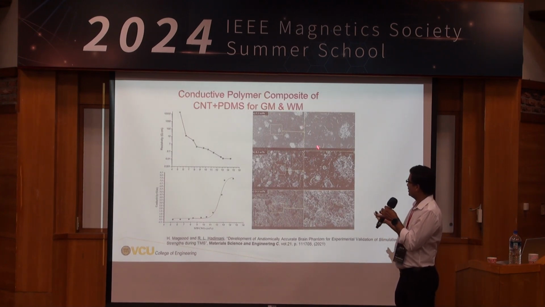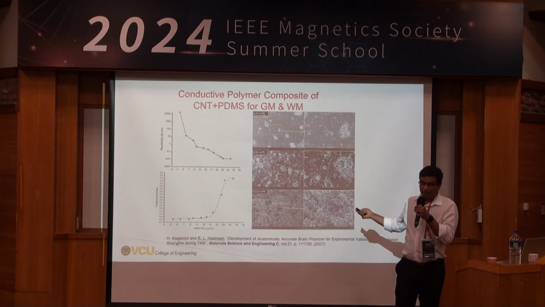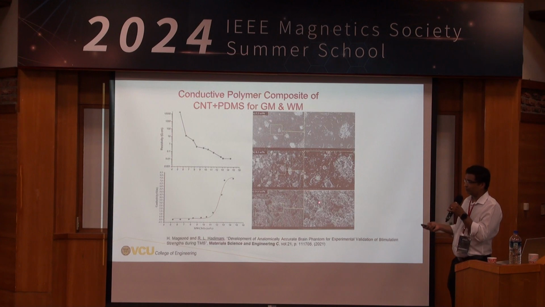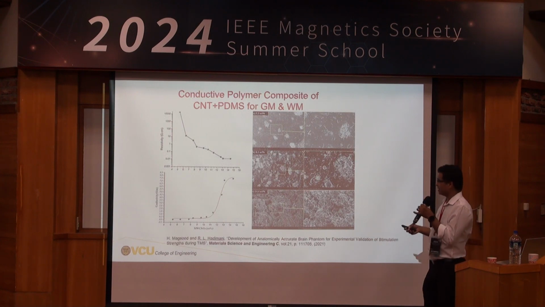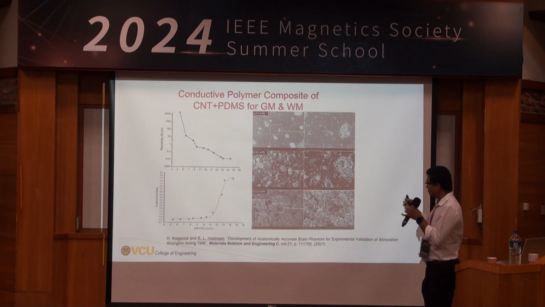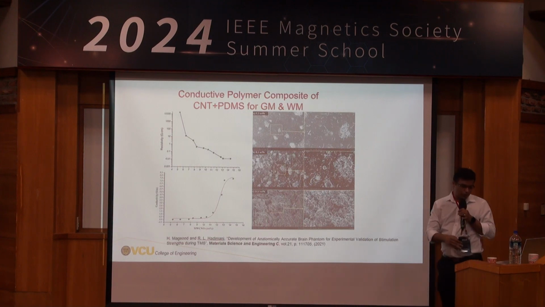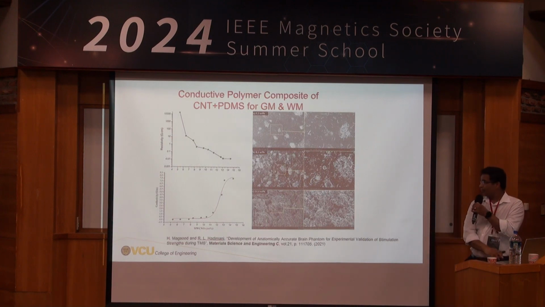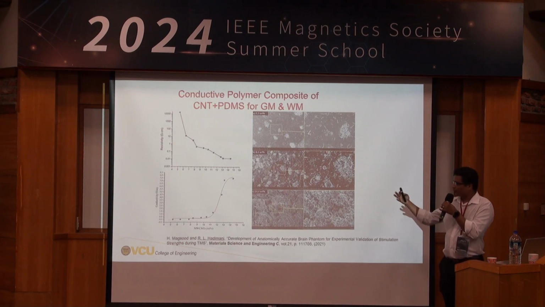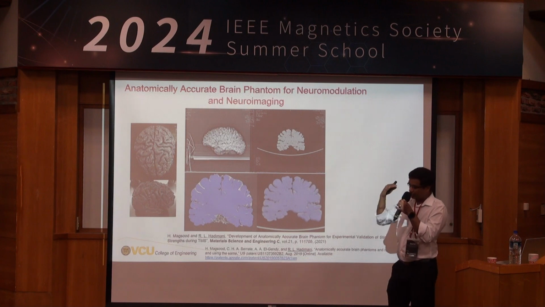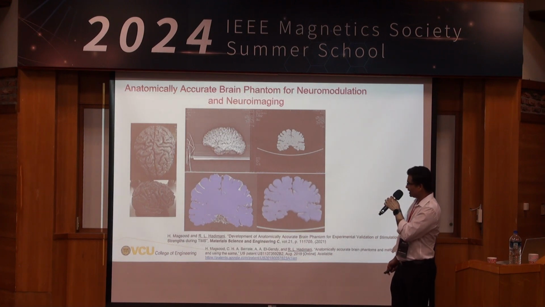So we used carbon nanotubes with PDMS to tune the conductivity of our different layers. So right now we have a gray matter, white matter averaged layer, but we think we can build a phantom that has multiple layers with different conductivity.